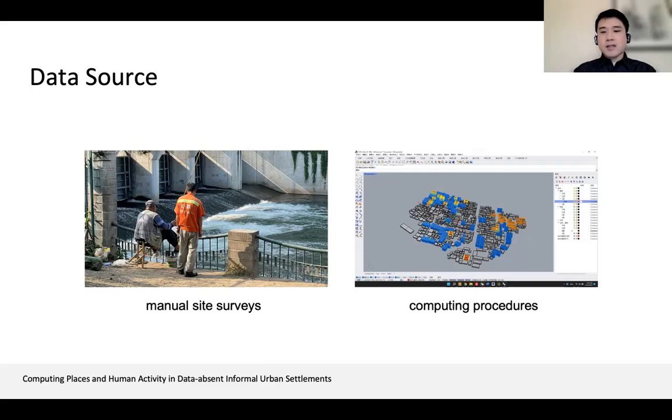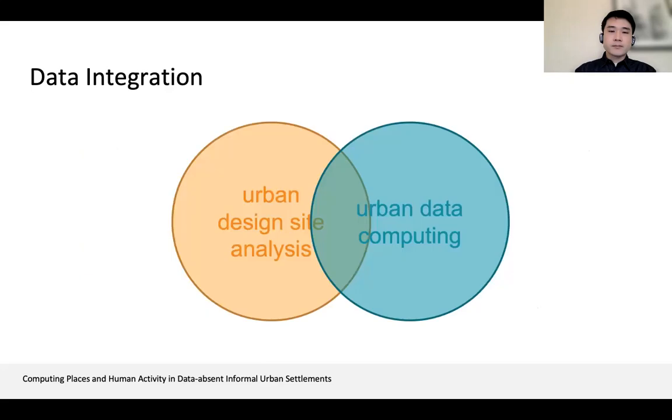And this does not just involve the programming process, but also utilizes a lot of design software as well. So this is how we're trying to combine urban design site analysis with urban data computing through an integration process.